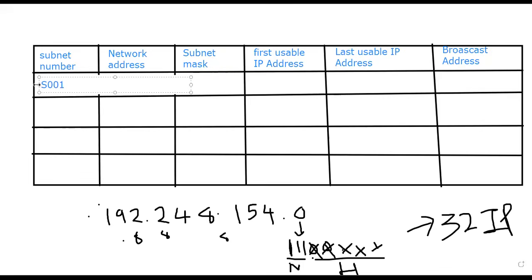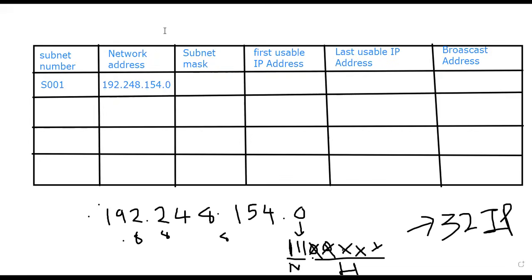Then when it comes to network address, here it's going to be 192. I'm writing the same that is given in the question, 192.248.154.0. I wrote the same which is given, right? Okay, done.